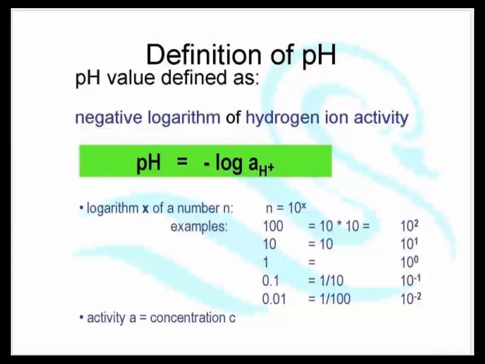What does pH mean? pH is the measure of the negative logarithm of the free hydrogen ions. Does that mean anything to anybody? Well, I tell you what, it means absolutely nothing to me.